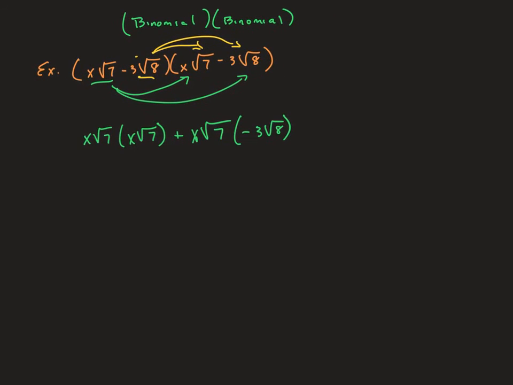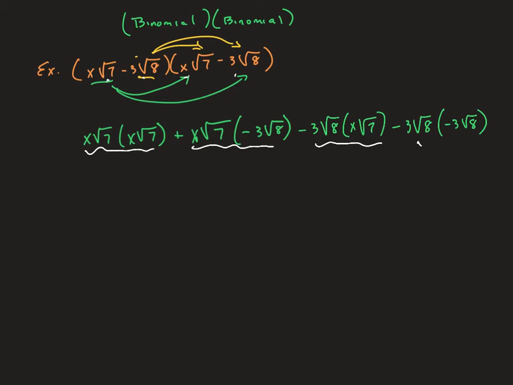Continuing on, I have the negative 3 square root of 8 times x square root of 7, minus 3 square root of 8 times a negative 3 square root of 8. So now I have 4 terms, right? When I multiplied this times 2 terms, and when I multiplied this times 2 terms, I am looking at having a possible 4 terms now.